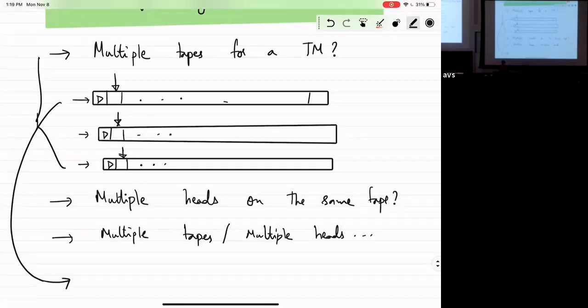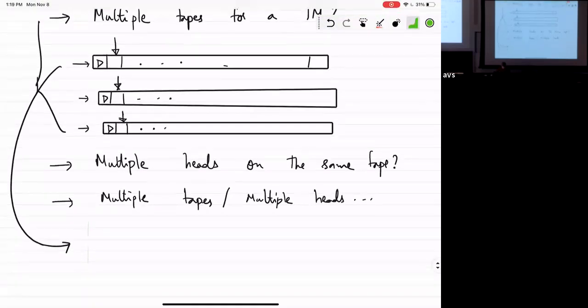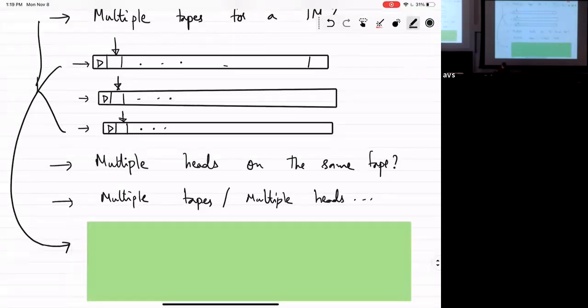It's multiple tapes. What should the formal definition be? Any guesses? What do I need to define these things formally? Suppose we have, maybe, L tapes.